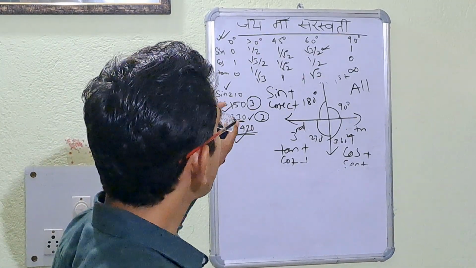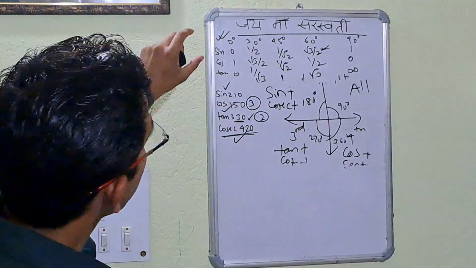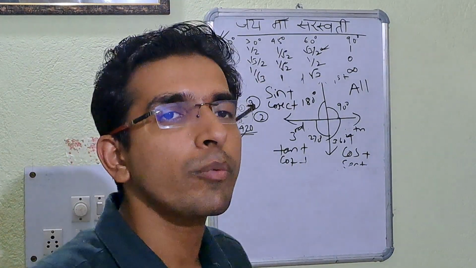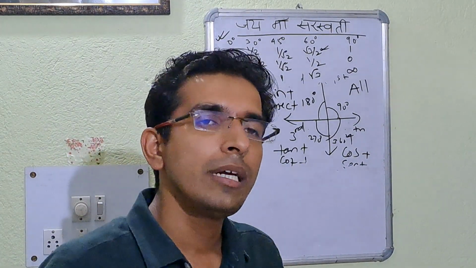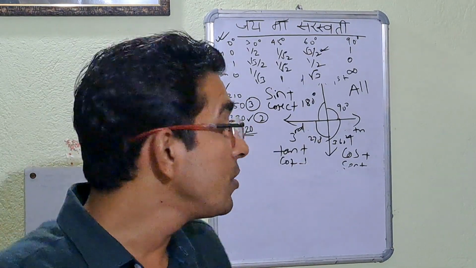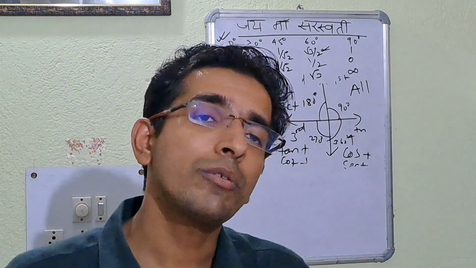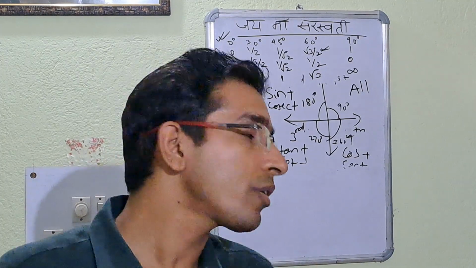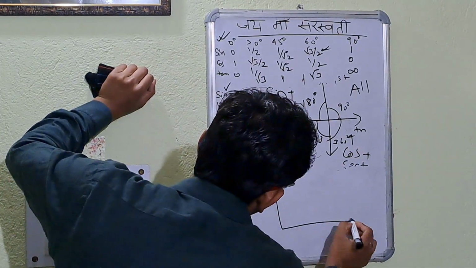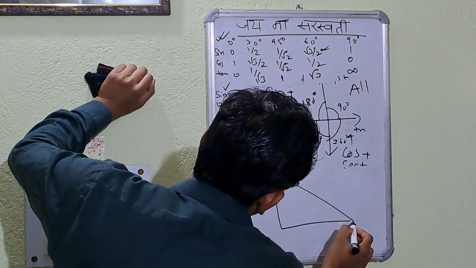First and foremost, we will see this particular angle. Suppose we had already seen how to calculate the sine. We already know that sine is the ratio of perpendicular to the hypotenuse in a particular right angle triangle. Suppose this is a right angle triangle. Understood?